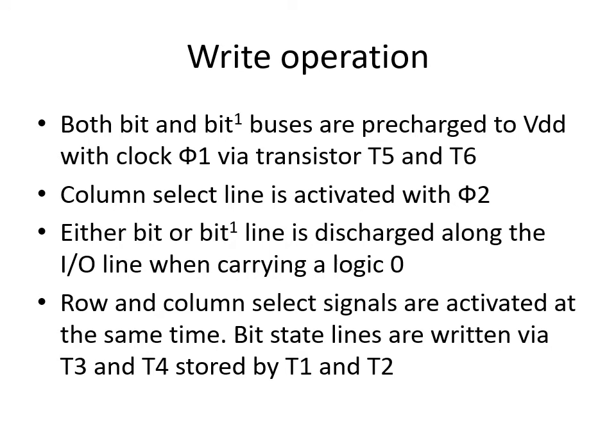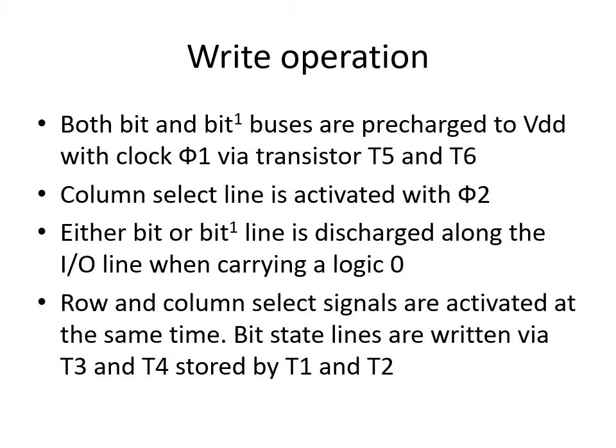And about the write operation, initially the bit and bit bar lines both are pre-charged to VDD or logic 1. So here you can see two transistors, that is T5 and T6. These are the PMOS transistors.